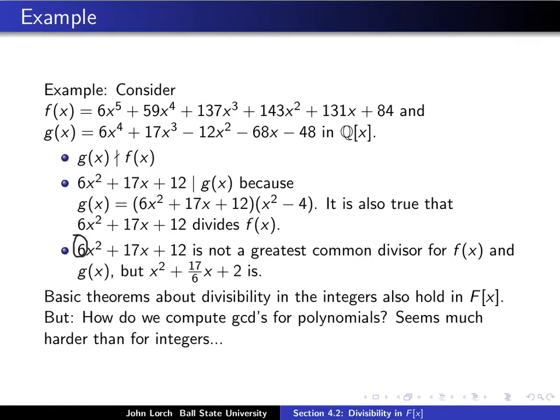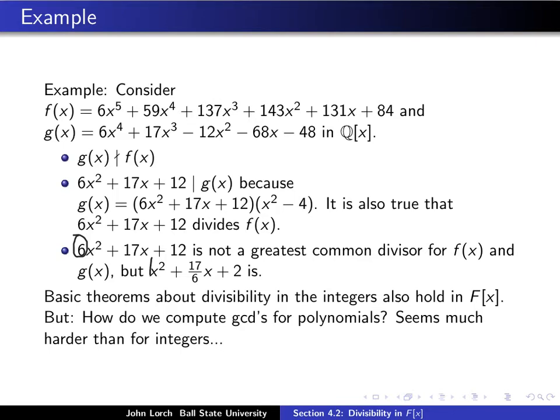It does, again, divide both f and g, and it turns out that it is a greatest common divisor for f and g, meaning that it's monic, first of all, right? The leading coefficient is 1 there, and there's no polynomial in Q adjoin x of higher degree that divides evenly into both f and g.